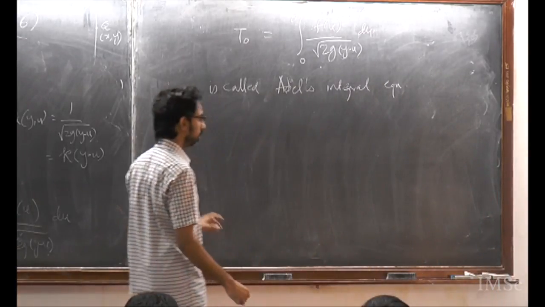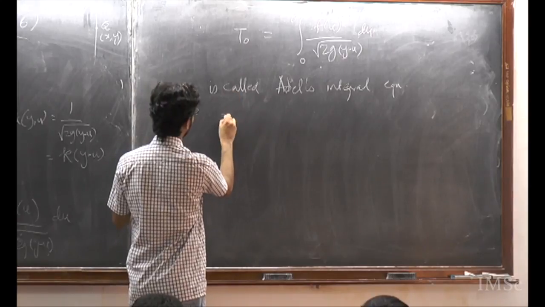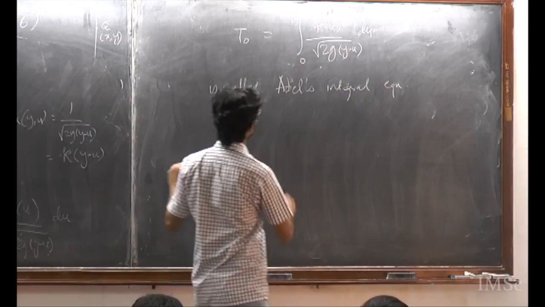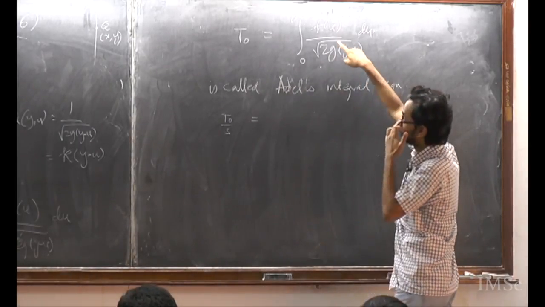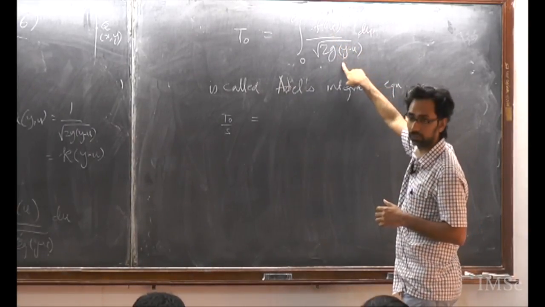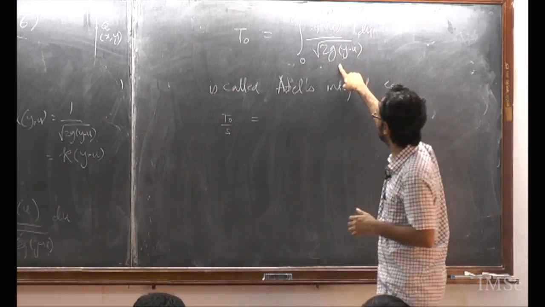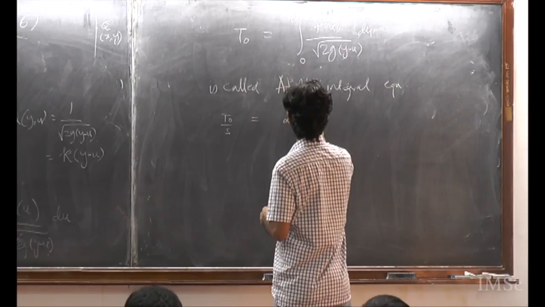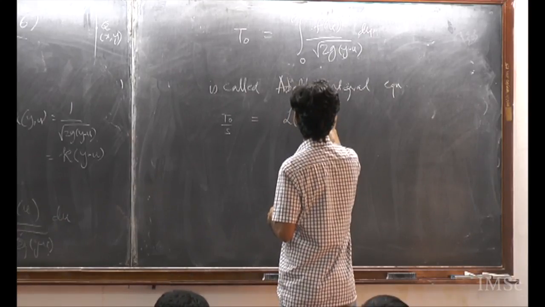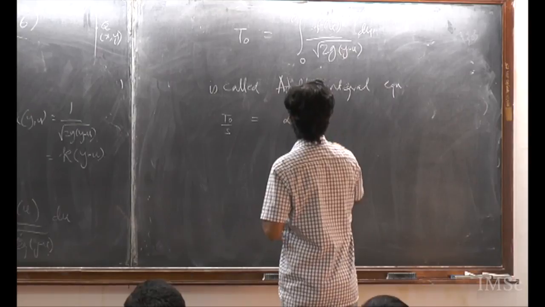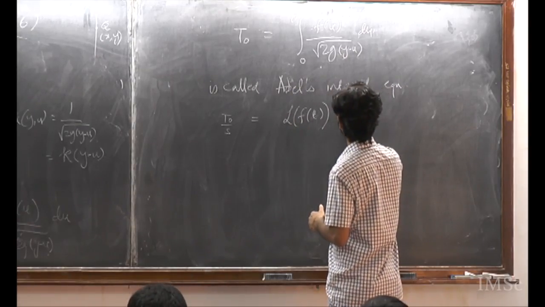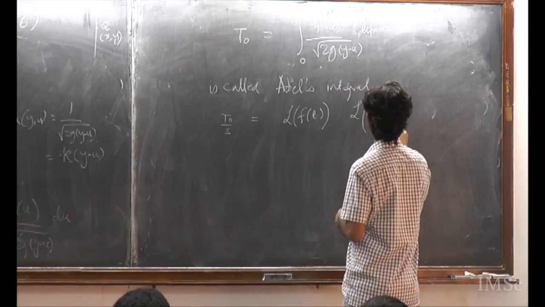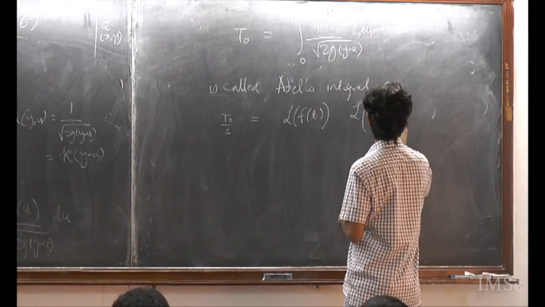Just apply the Laplace transform on both sides. On the left hand side you will get T naught over s. On the right hand side it's just the product of the Laplace transform of f and of this guy here, the Laplace transform of 1 over root 2g t.